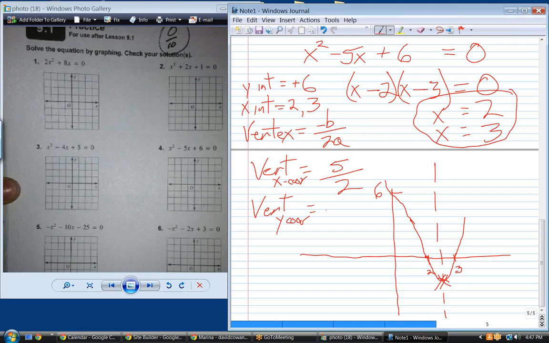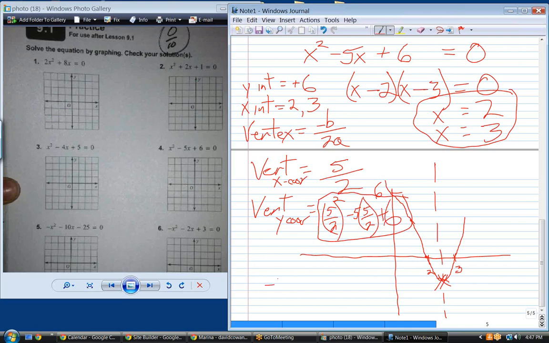So it would equal 5/2 quantity squared minus 5 times 5/2 plus 6. Whatever that value is is the y-coordinate of our vertex.